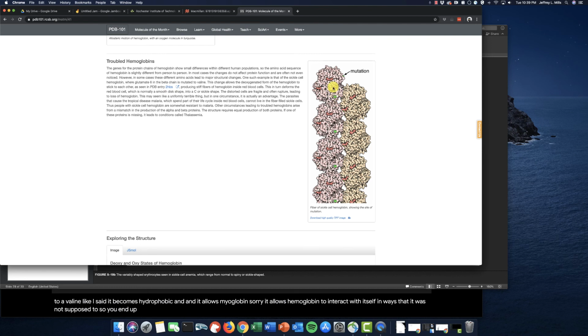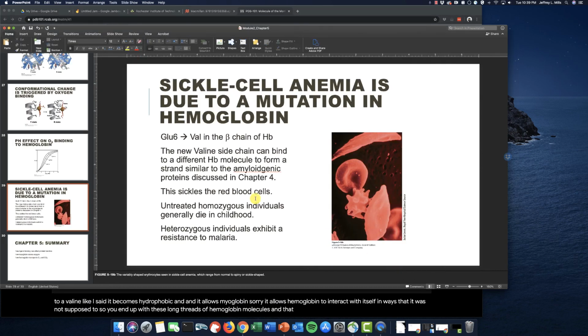So you end up with these long threads of hemoglobin molecules, and that inevitably causes what a normal red blood cell should look like, this kind of donut-looking thing, to mutate and change into this elongated, sharp, abnormally shaped sickle shape.